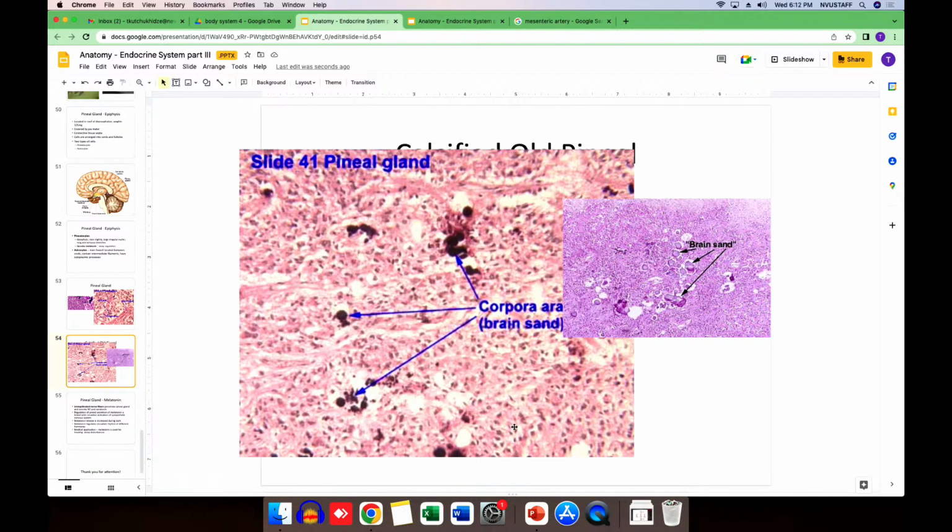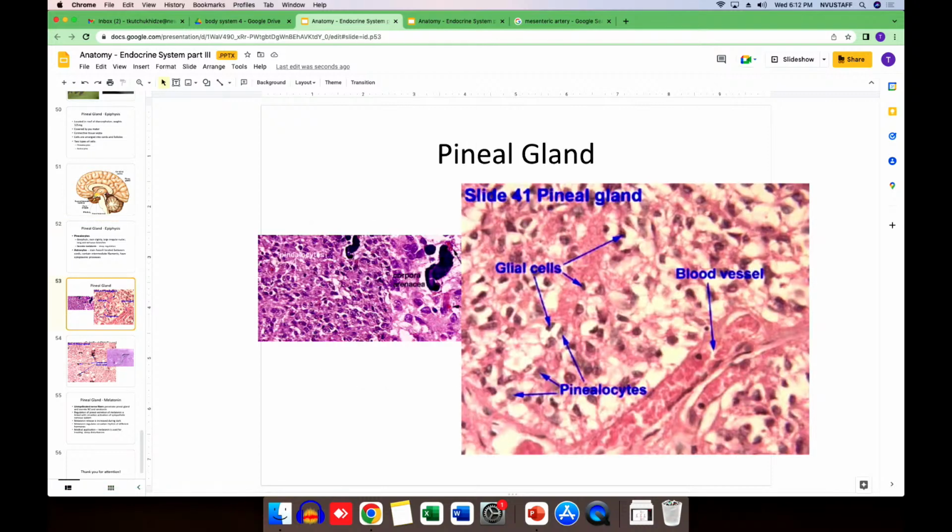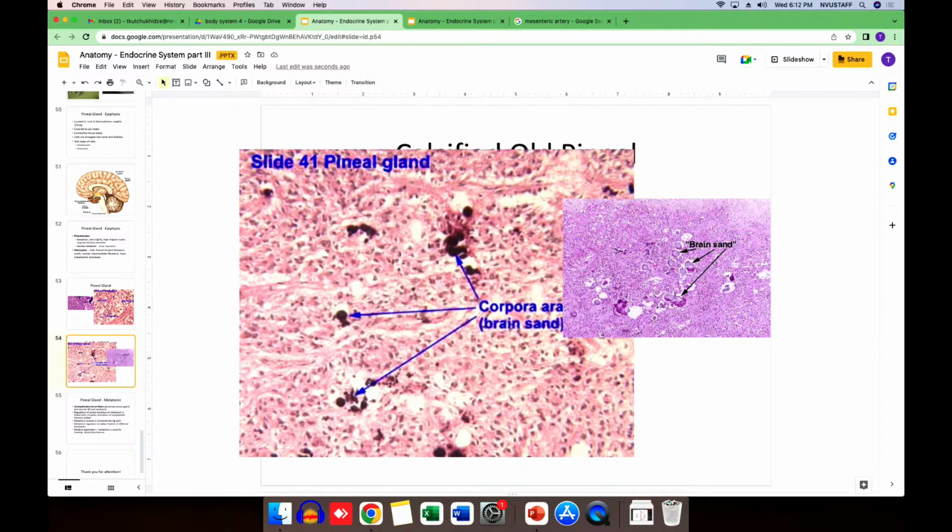And here you are seeing this sand. This one, for example, is staining more darkly than astrocytes or pinealocytes, okay?